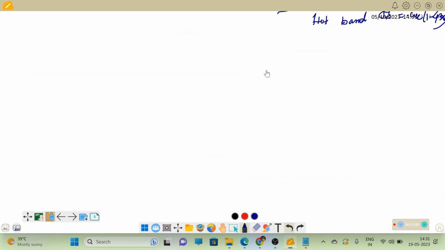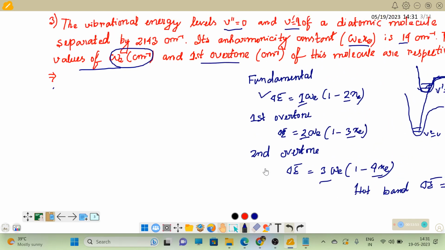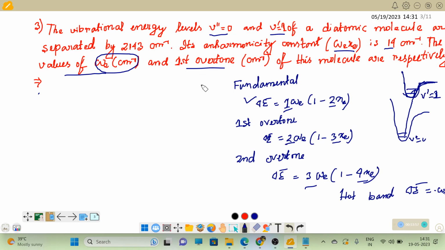So now coming to the problem, that is our fundamental band, and the energy is given, 2143. We can write 2143 equals omega E minus omega E xe 2.